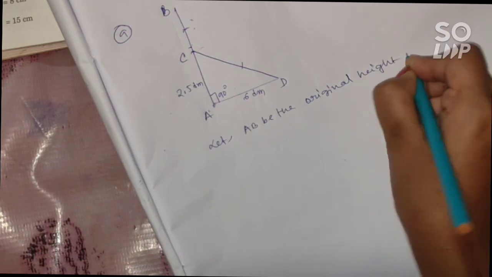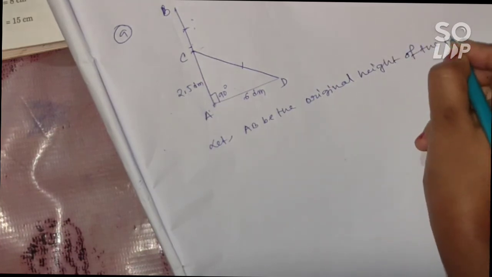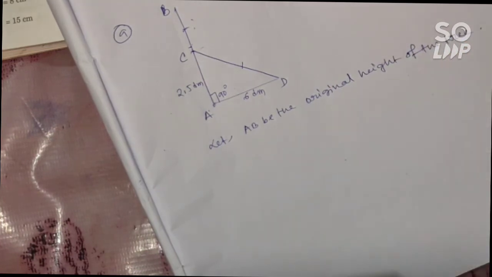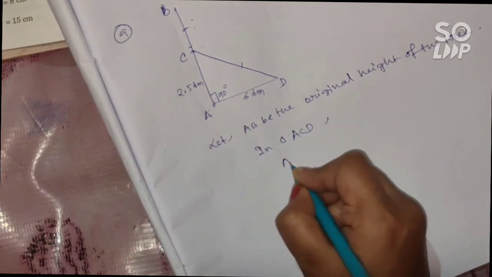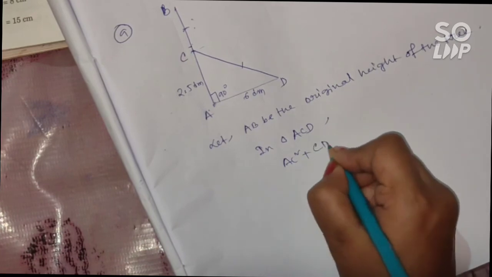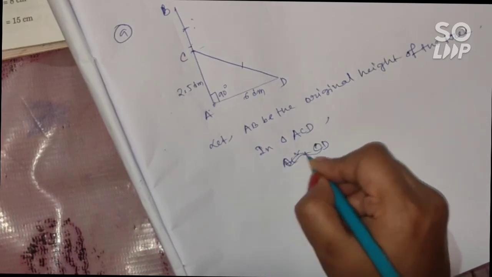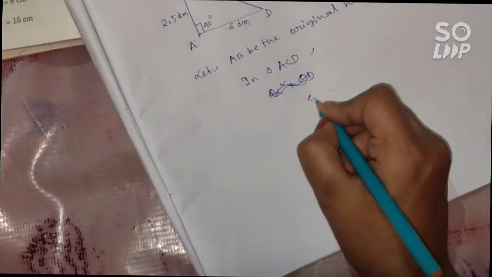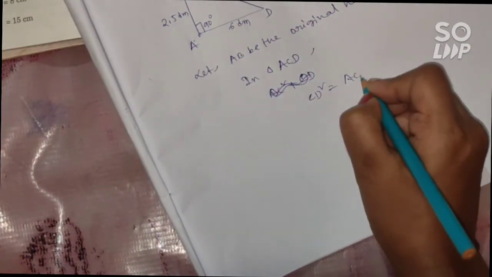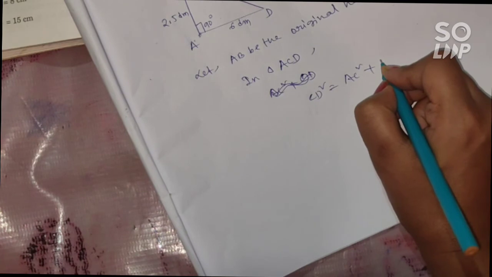Okay. So in right triangle ACD, CD is the hypotenuse. So hypotenuse square equal to height square plus base square.